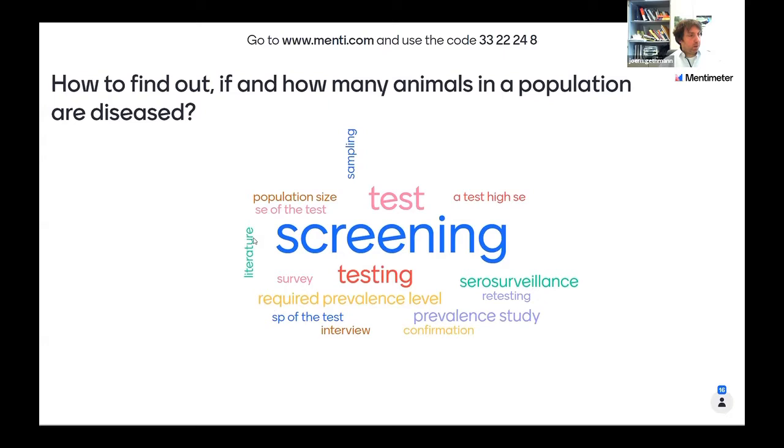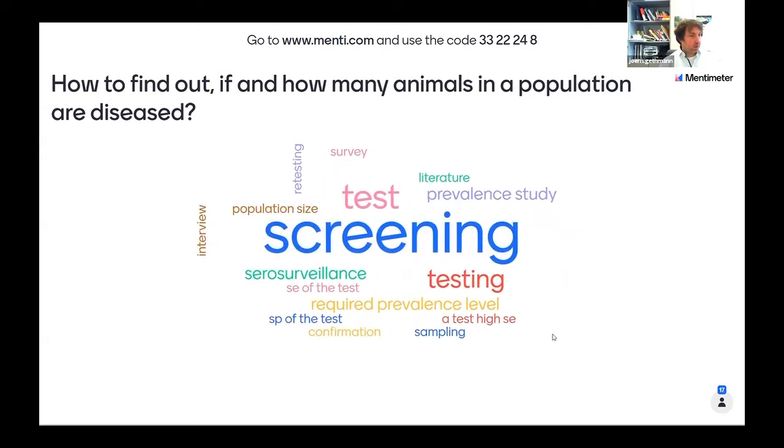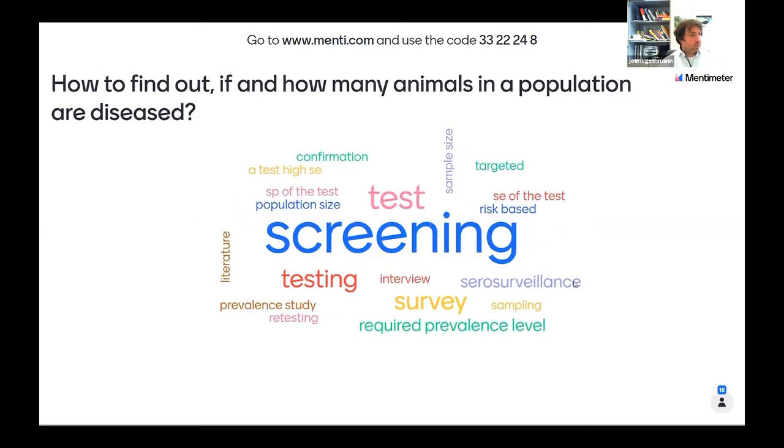Literature, if the population is unknown, is often not helpful, or it might be very old. Prevalence study is very nice. Population size, we will need the population size to see how many animals we have to test.